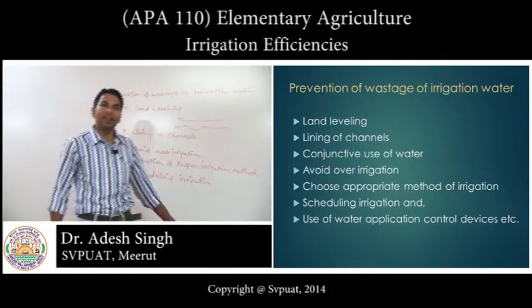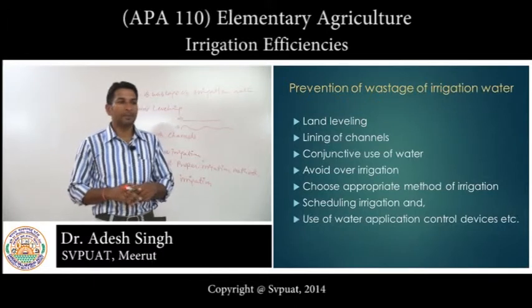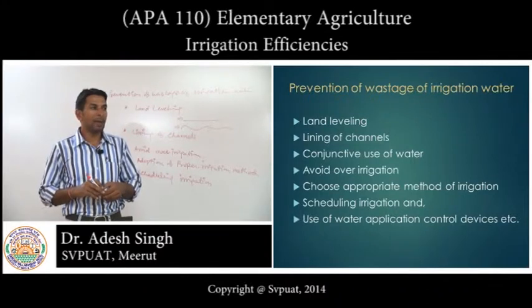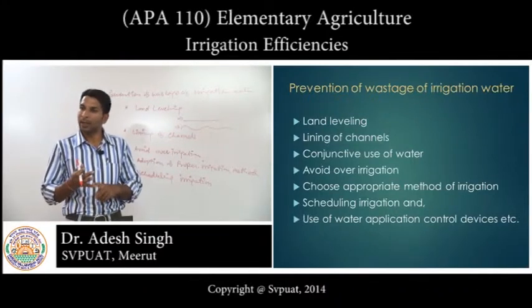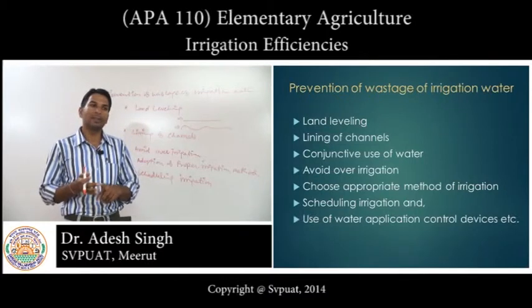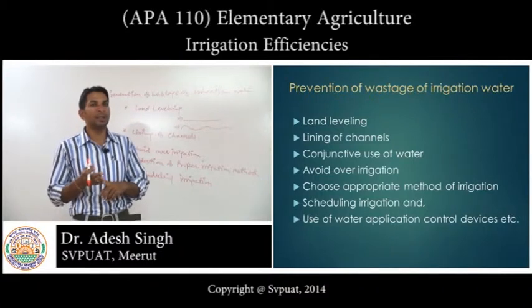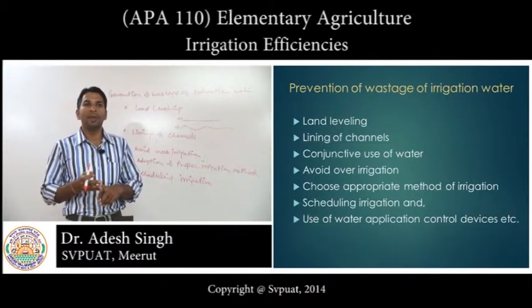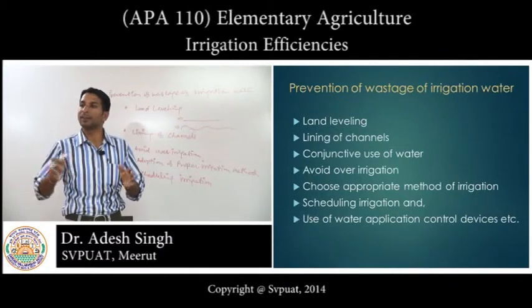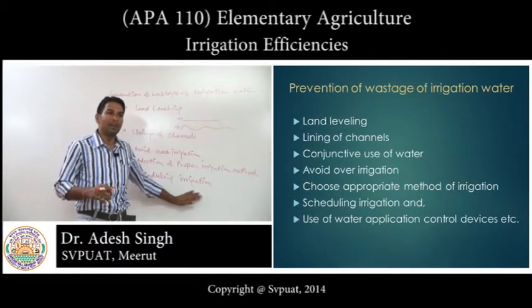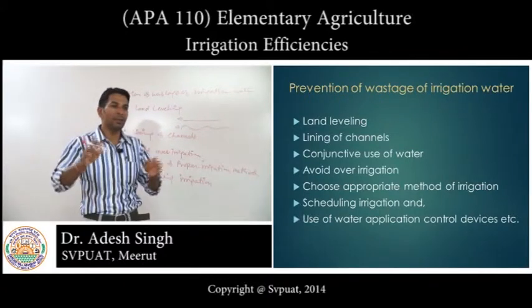Then another method is proper scheduling of the irrigation water. Scheduling means the water to the crop plant is applied on the basis of the plant characteristics, the soil characteristics, and the climatological characteristics. Another approach is based on calculations, that is irrigation interval. Scheduling means at what time the water is applied to the crop plants.